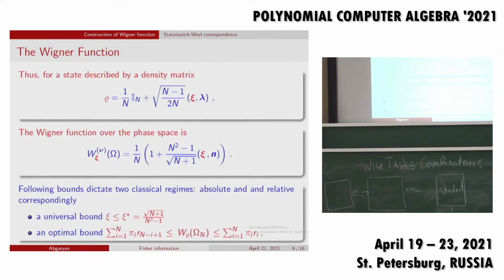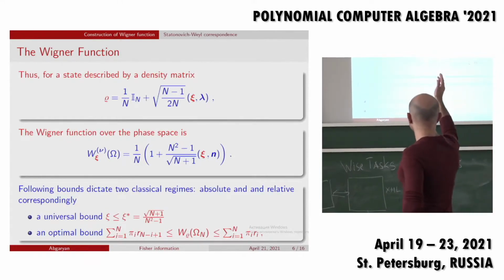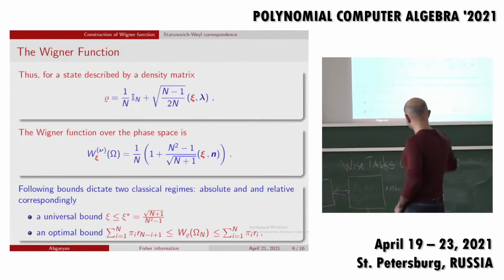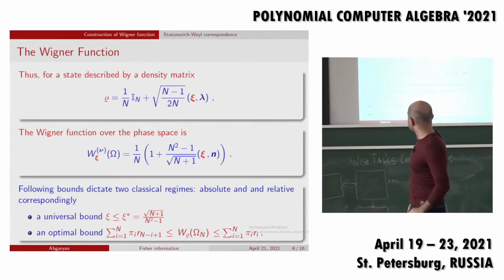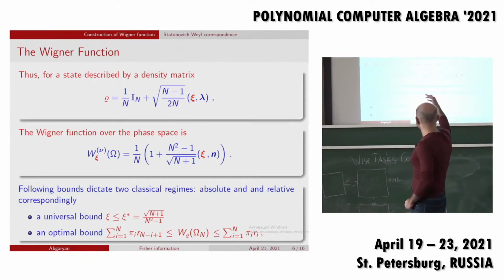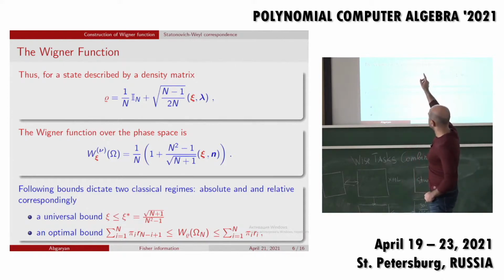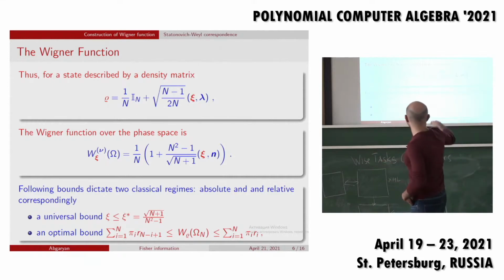Now, if you are given a state described by this density matrix, rho, then you may construct a Wigner function which is representable by this simple, deceivingly simple formula, where zeta fixes the state. Zeta is the block vector corresponding to the state matrix, or in other words, it parameterizes the whole state space.